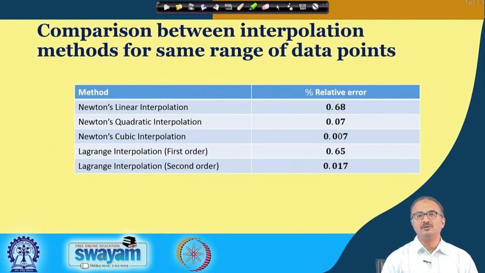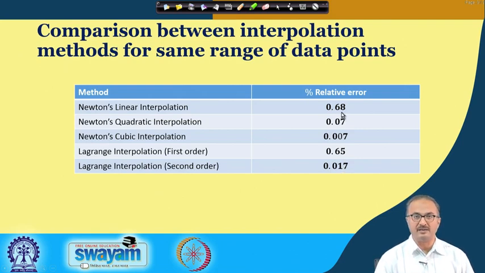Now without doing any more of these deductions, what I have done is calculate separately, using different interpolation formulae, the percentage error for this particular problem. And here you can see we have tabulated them: Newton's linear, Newton's quadratic, Newton's cubic, then Lagrange interpolation first order, Lagrange interpolation second order, and here you can see all the percentage errors.